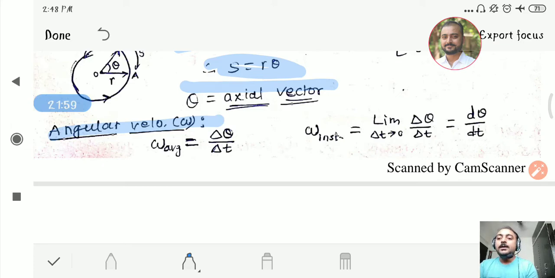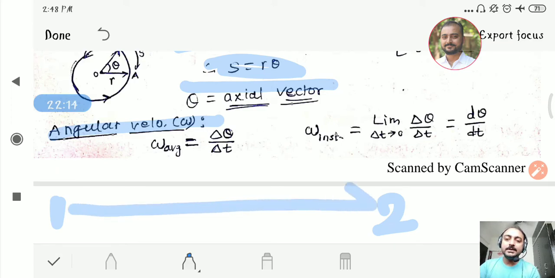It is better to understand using the linear velocity, and it is the same in the case of average angular velocity also. Suppose from point 1, a body moves to point 2, or from A to B. It will have different linear speeds, and these linear speeds are calculated between these 2 points.